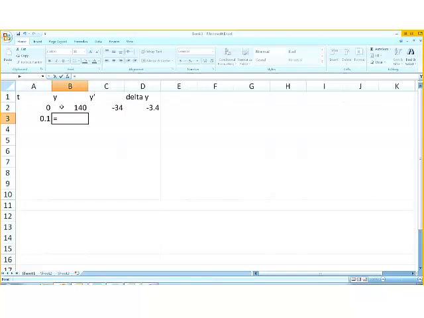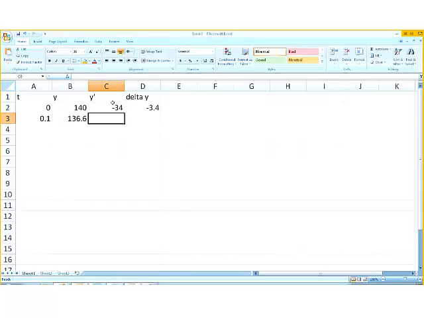The y value is incremented. We take the old value of y, so we highlight cell B2, add delta y, and push enter. We get 136.6.